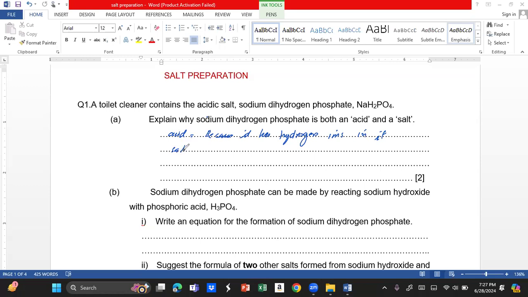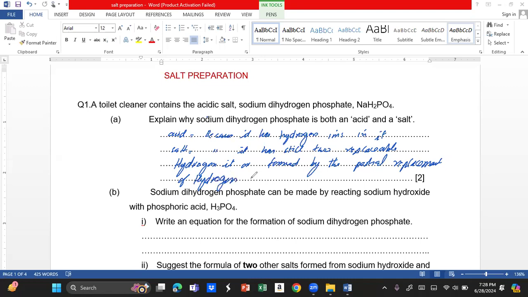It is a salt because it has still two replaceable hydrogen ions, or formed by the partial replacement of hydrogen from an acid.